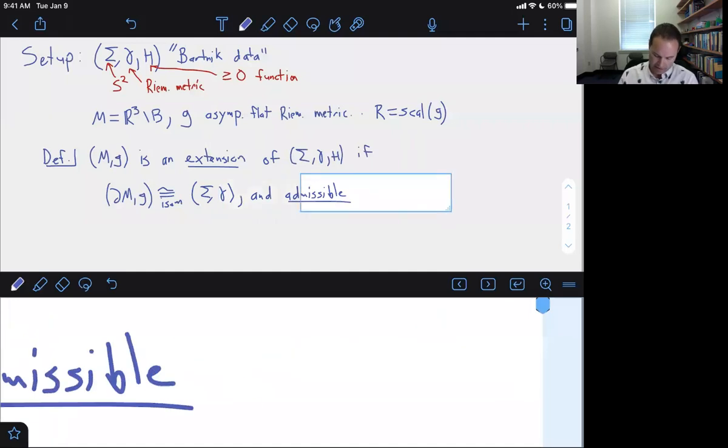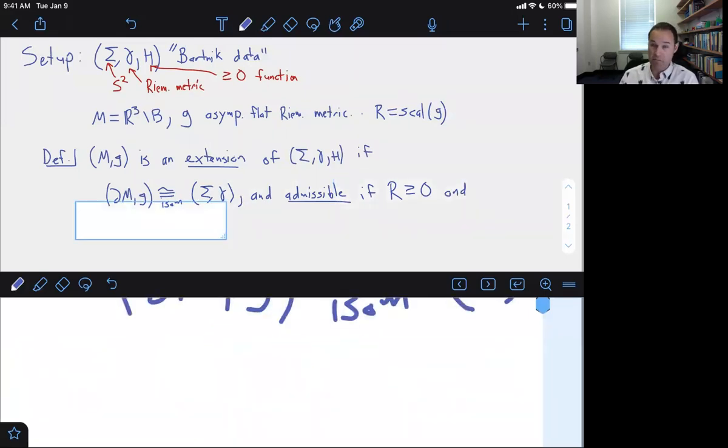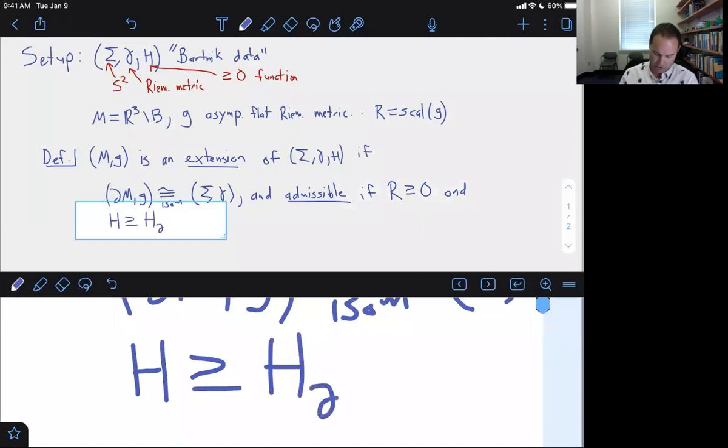The extension is called admissible if the scalar curvature of G is non-negative, and if there's a condition on the mean curvature of the boundary. Specifically, if this given function H is pointwise bigger than or equal to the mean curvature of the boundary pointing into the manifold.